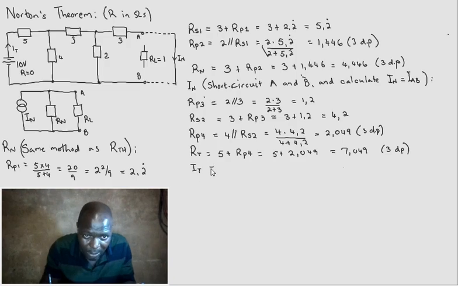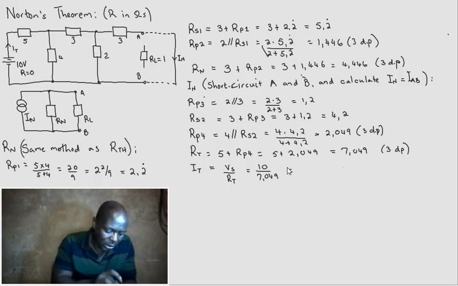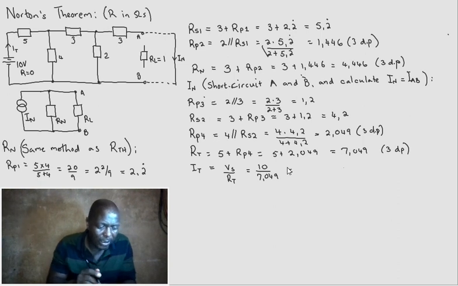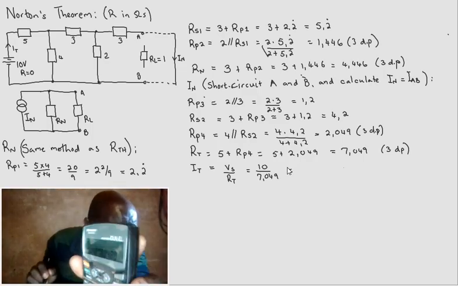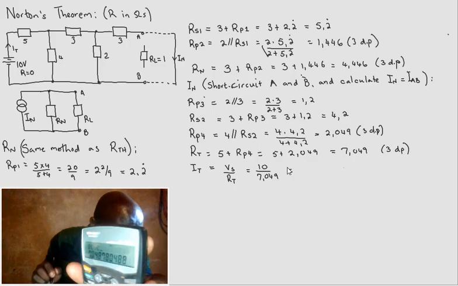IT is simply V supply over RT. We actually skip the easy part here: 10 divided by, and that gives us the C. So that's 10 divided by recall C. I put the RCL and I say recall C. You see that it does say 10 divided by C. I hope it's clear.